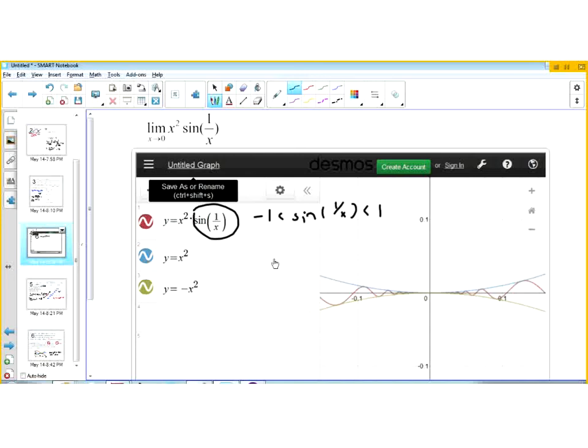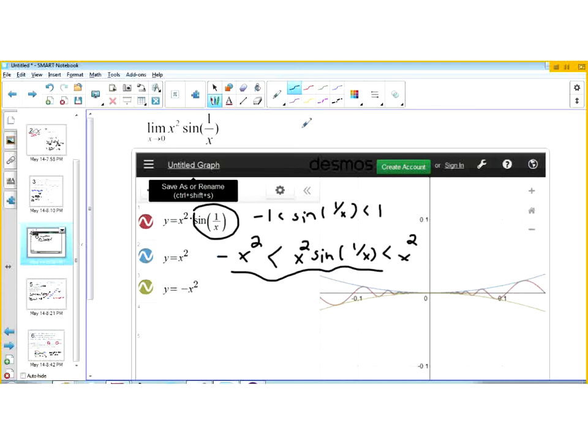From that perspective, we can take this inequality and multiply through by x squared, since x squared is a positive number. So we get this interesting relationship. This is legal. Now, what would happen if we took the limit as x approaches 0 for this inequality?